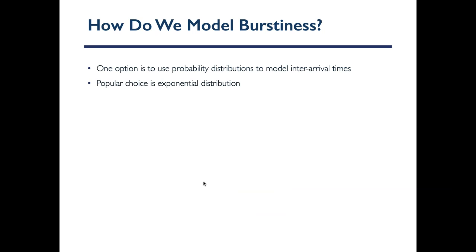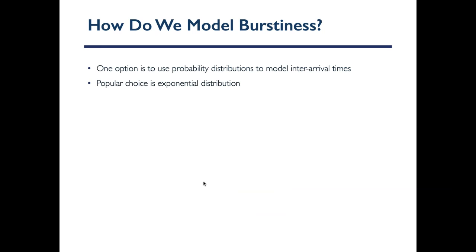One way to model this is using probabilistic models and probability distributions to model the inter-arrival times. Instead of getting that inter-arrival time fixed and constant, we can let it be a random variable, how long it takes. So if I get an arrival at time t, how long should I wait for a next arrival to come?